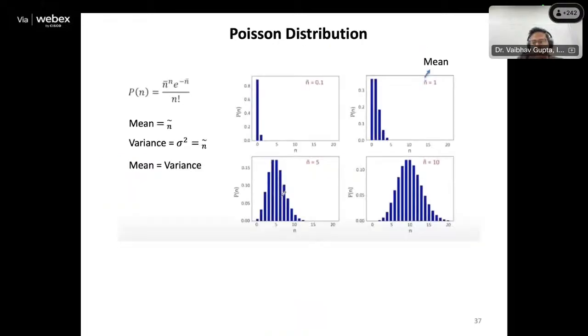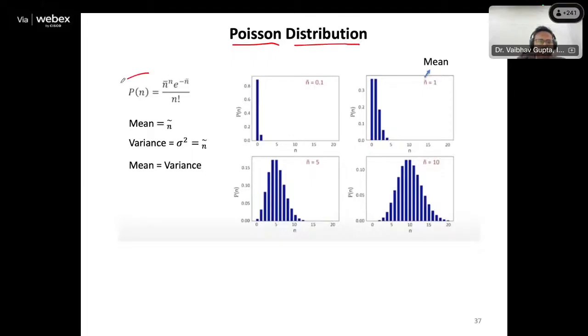So the take-home message is that noise is random on a shorter time scale, but if we go to a bigger time scale, it is no more random. Then noise has some sort of distribution. There are two major distributions we talked about: one is Poissonian and the second one is Gaussian. So I will explain what a Poissonian distribution is.